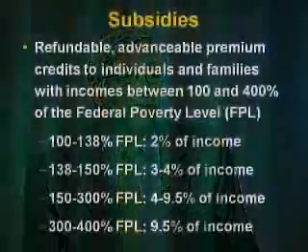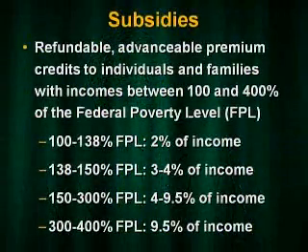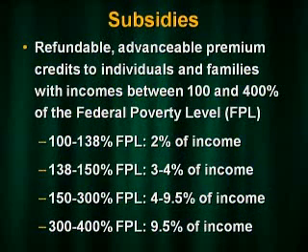Now, the subsidies are on sort of a sliding scale. If you have relatively low income, subsidies are fairly high. If your income is between 100 and 138% of the federal poverty line, you are eligible for a subsidy that says you have to spend no more than 2% of your income on health insurance. If your income's higher, as you can see on the slide, you have to pay more of your income before you reach the threshold.